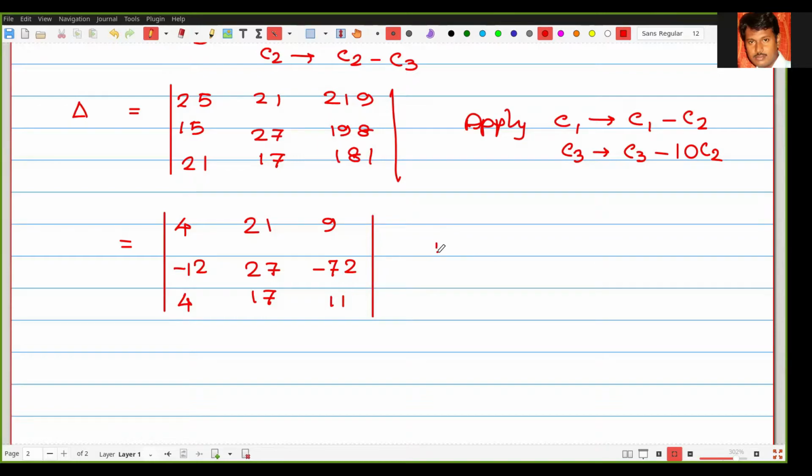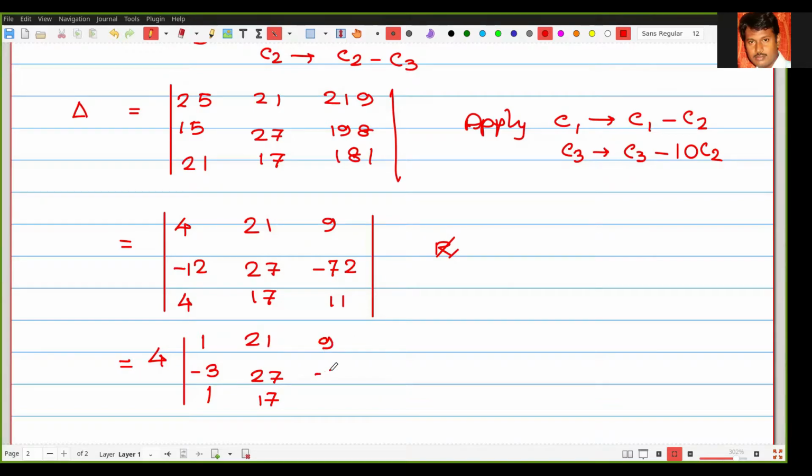Now another operation. At first, we can take the common 4 from the first column. So we are taking 4 as common: 4, 1, that is minus 3, and 1. Then 21, then 27, then 17.